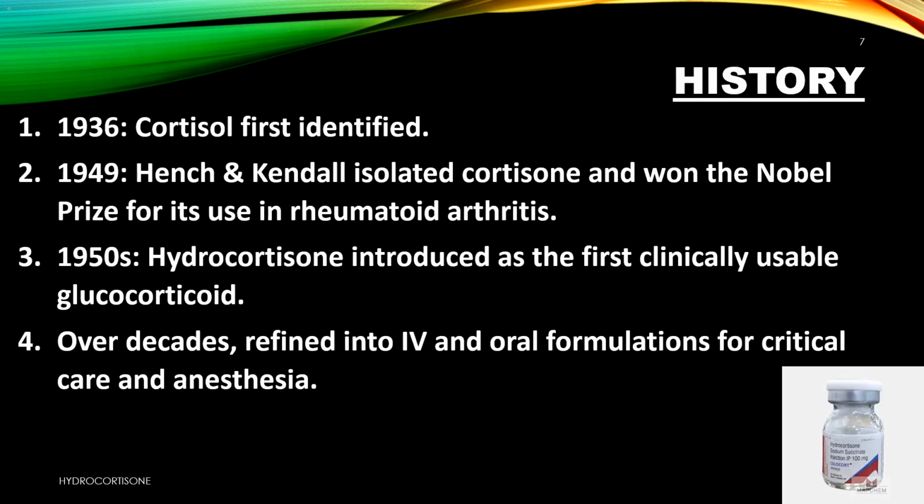Hydrocortisone was introduced as the first clinically usable glucocorticoid, paving the way for its widespread use in medicine. 4. Over decades, hydrocortisone has been refined into various formulations, including IV and oral forms, for use in critical care and anesthesia, allowing for more effective treatment of patients in emergency situations.